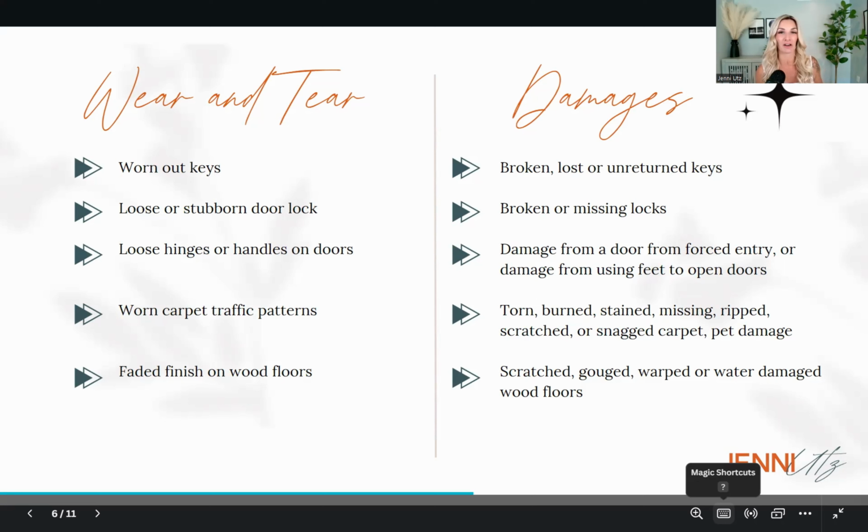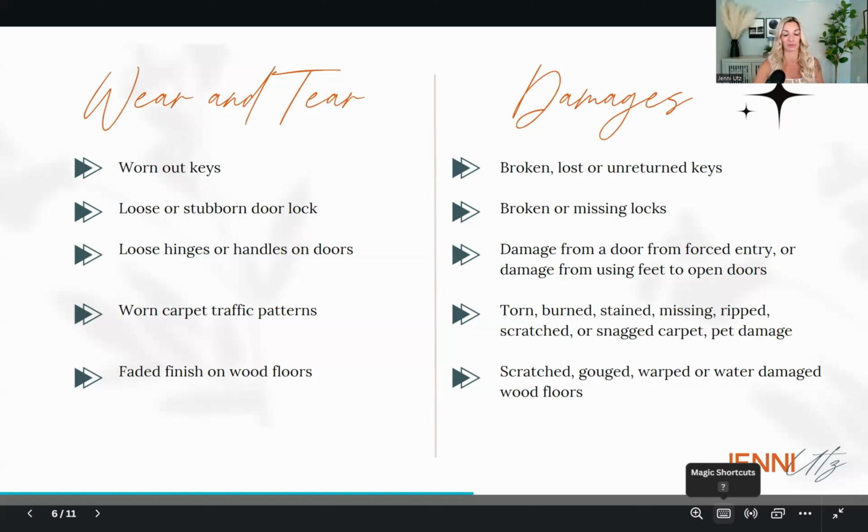Chances are, if they're like a lot of people, they probably didn't even use half the rooms in the house because it was just the 2 of them. However, that family of 5 could have used all of the rooms on a regular basis. That still would be considered their wear and tear versus damage, just because you have to factor in how many people and how much use the space has got.